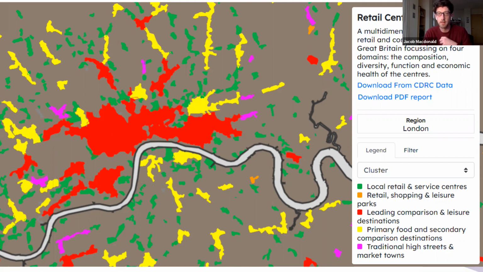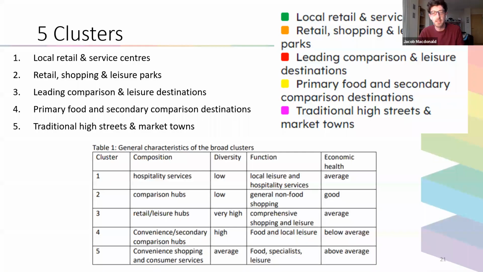Using all of these as the input variables, we're able to come up with these 5 supergroup classifications, which are really picking up the differences between high streets, tiny convenience areas, and shopping districts.